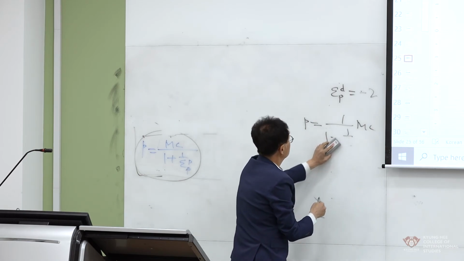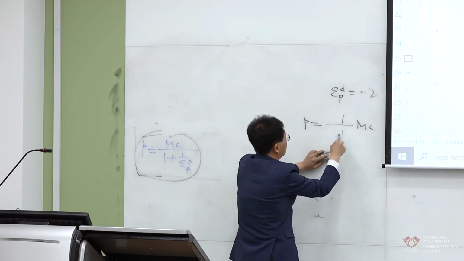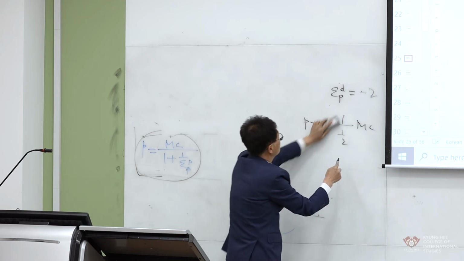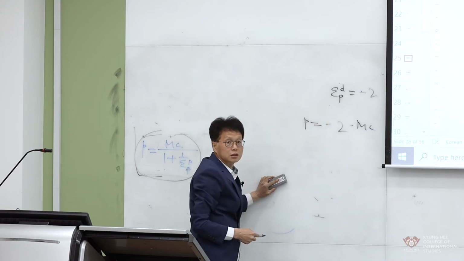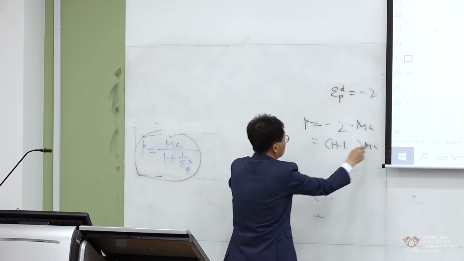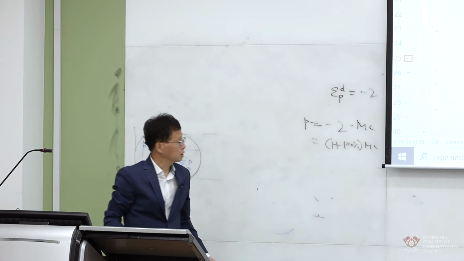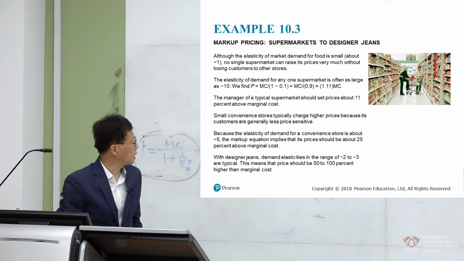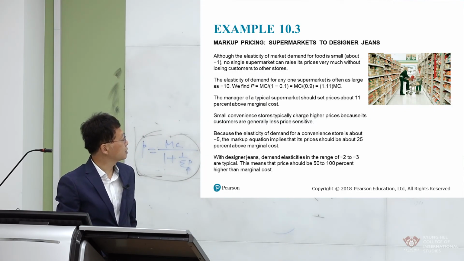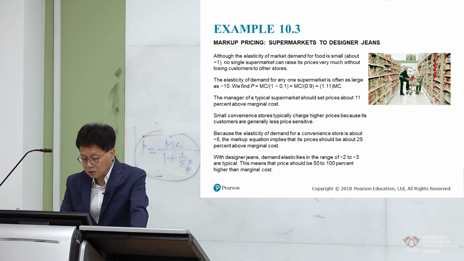That means 1 minus half. That means half, that means 2 MC, right? 2 MC means 1 plus 1 MC. 1 in numbers is equivalent to 100% MC. So designer jeans markup over marginal cost is 100%. Okay? That is here.